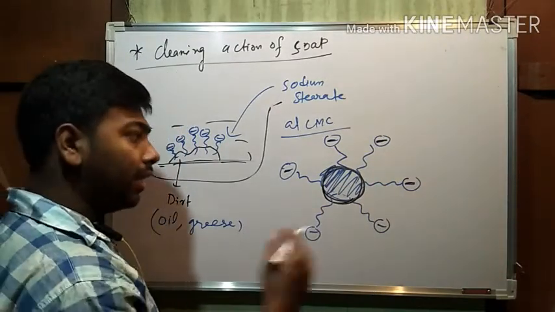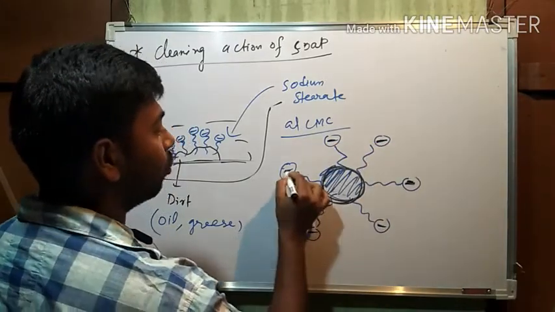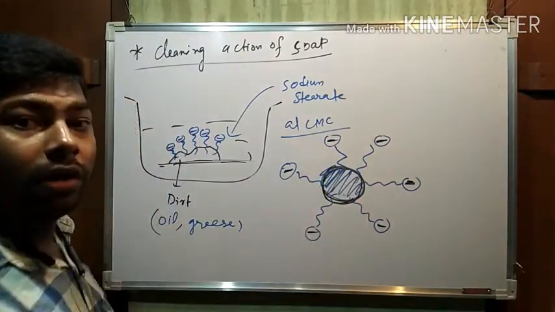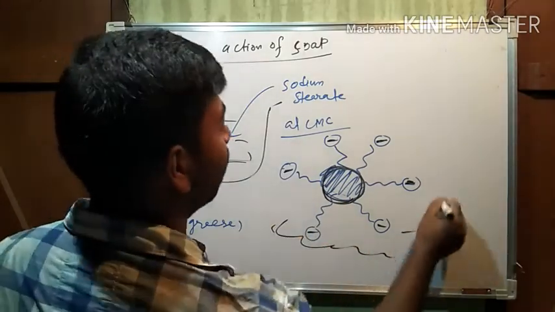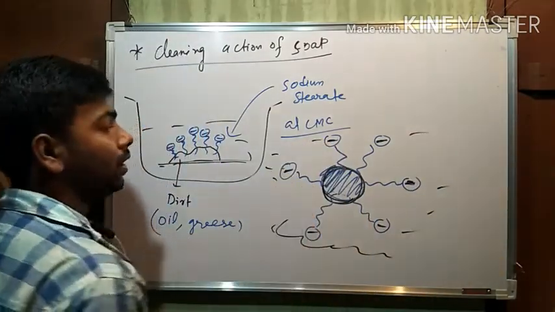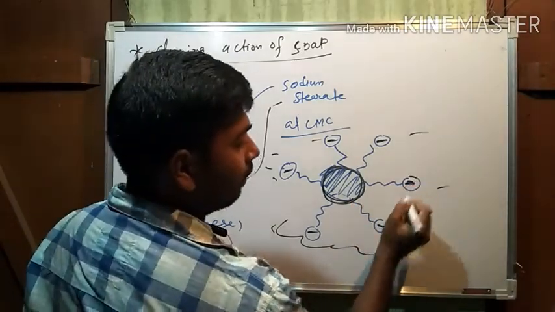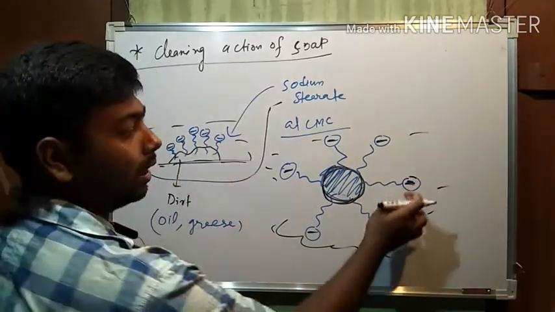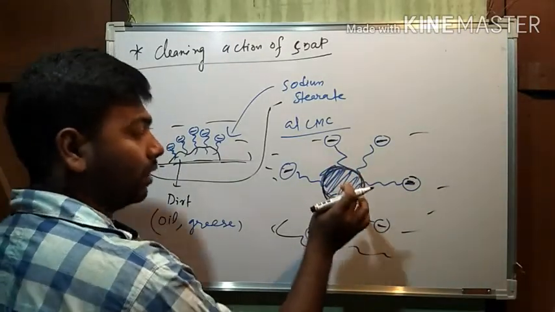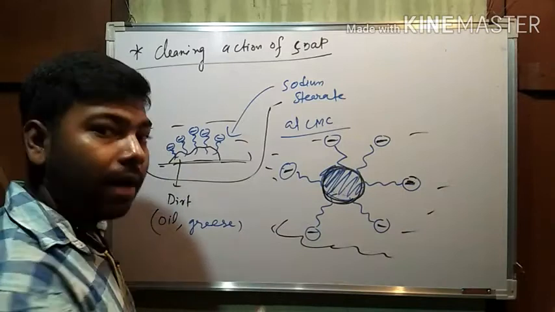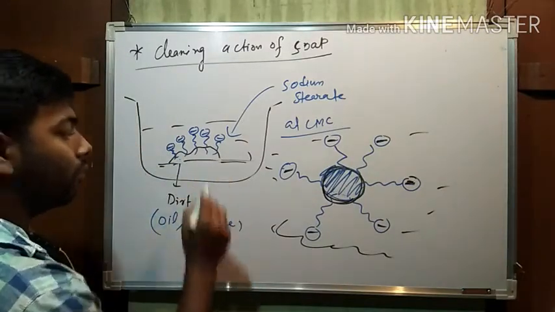Another thing is, this negative charge, that means the hydrophilic part, is water loving and it is attached with the water. Now due to the water loving character of this hydrophilic head, these molecules, or you can say the dirt, come out from the dirty surface of our cloth.